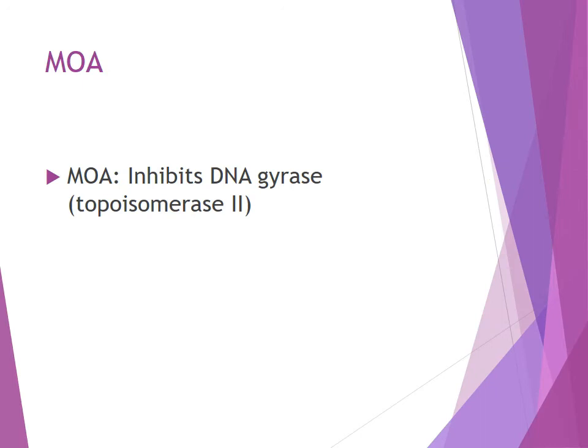The mechanism of action of our quinolones, our quinolones inhibit DNA gyrase, specifically the topoisomerase 2. So therefore, this antibacterial agent can inhibit the nucleic acid transcription and replication, which prevents cell division and or protein synthesis.